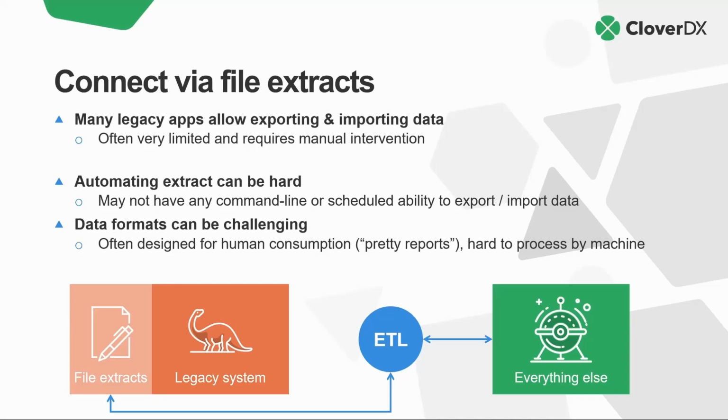Another common method that you might need to connect to a legacy system through is via file extracts, right? So file extracts will allow you to import and export data out of it. A lot of legacy applications do support this. Sometimes, though, it is limited in what you can do and might even require manual intervention.